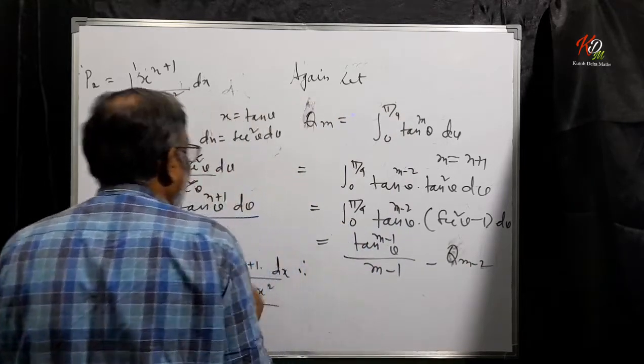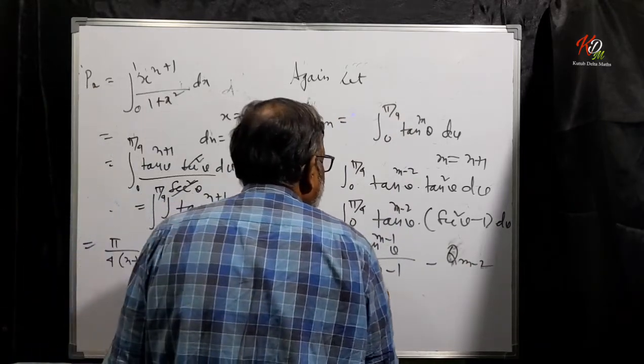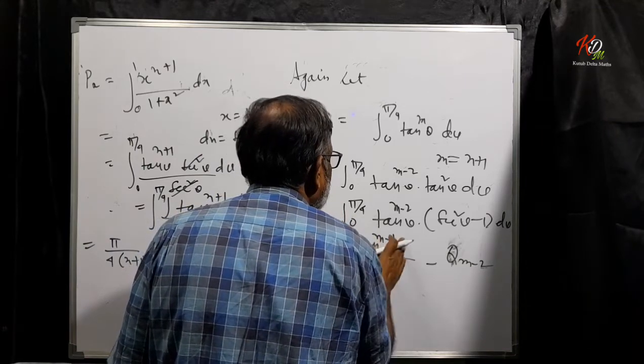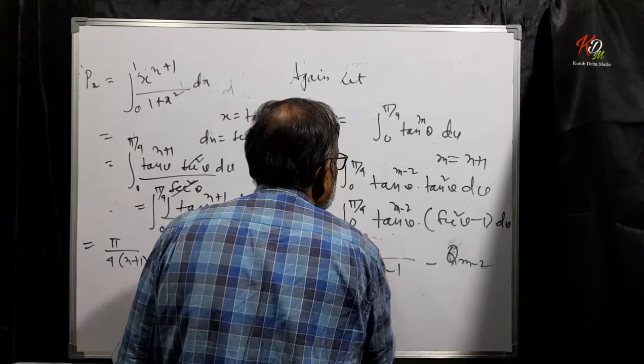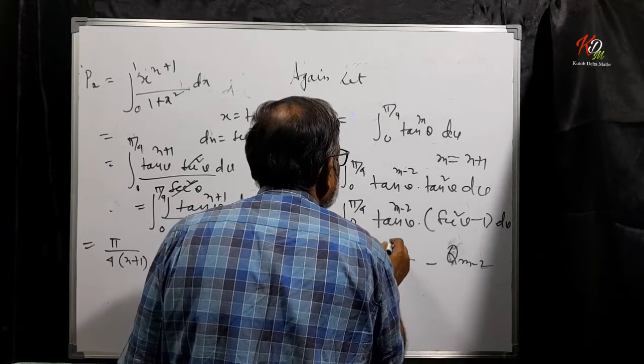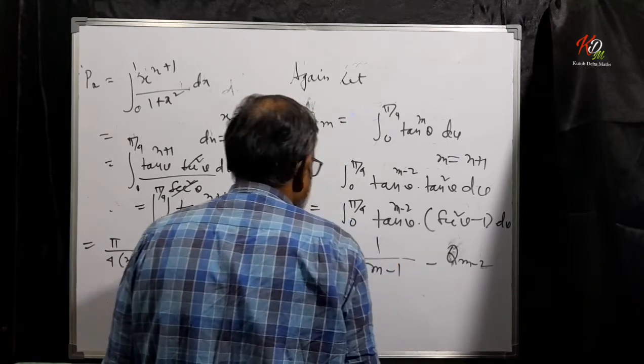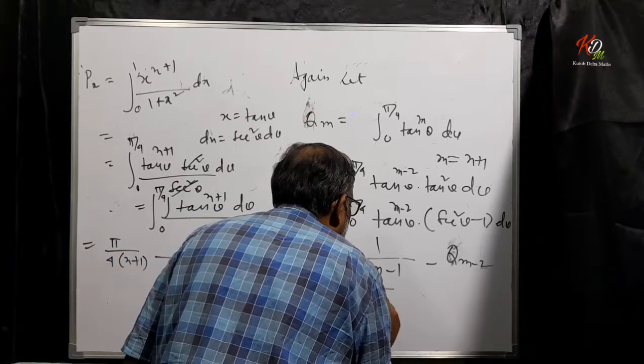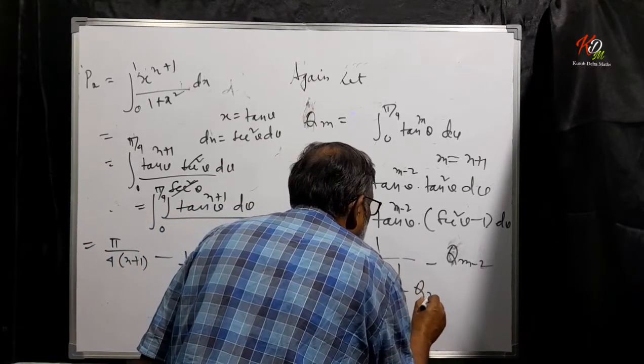Therefore Qm equals 1 by m minus 1 minus Qm minus 2.